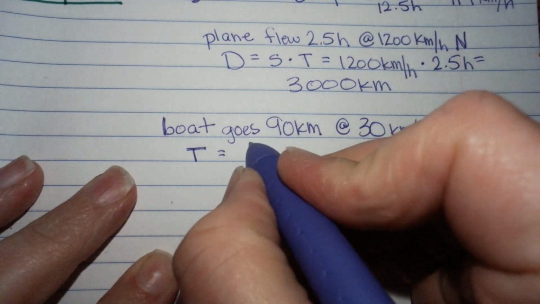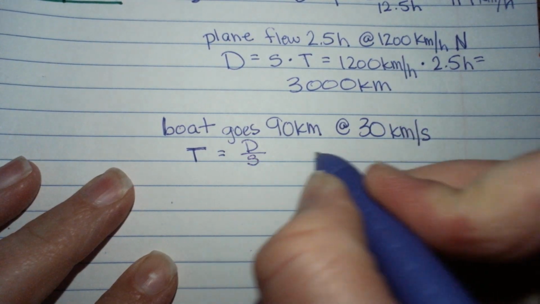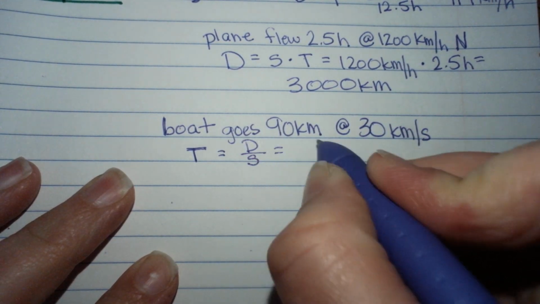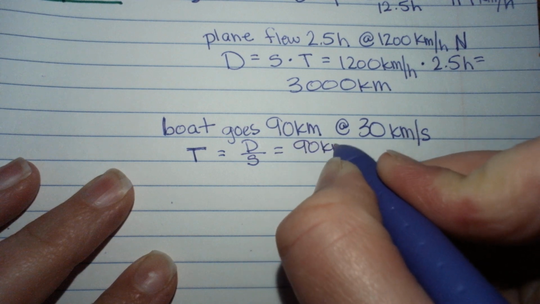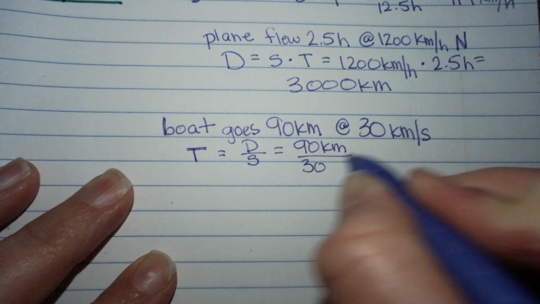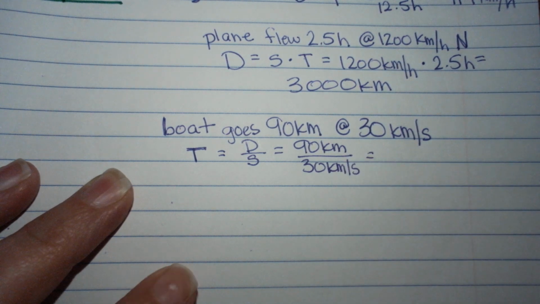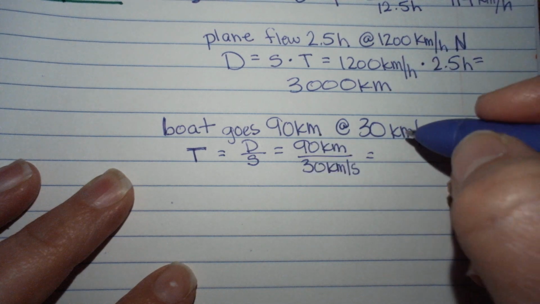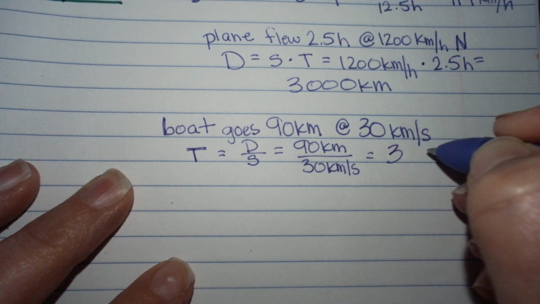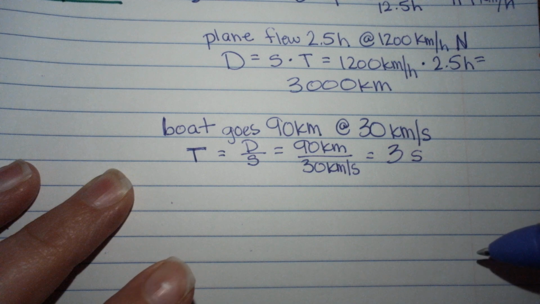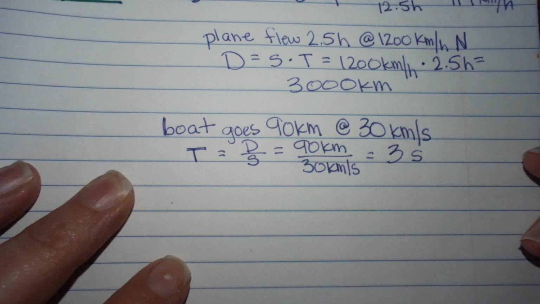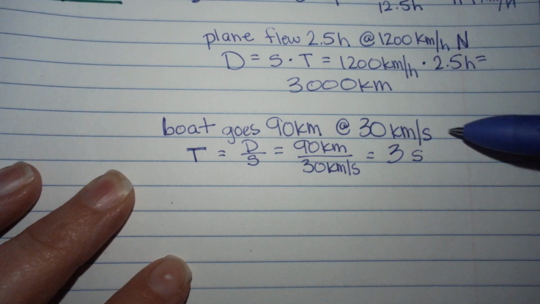So time equals distance divided by speed. So I'm going to get 90 kilometers divided by 30 kilometers per second. That gives me 3 seconds. So we have some kind of ridiculous speedboat there.